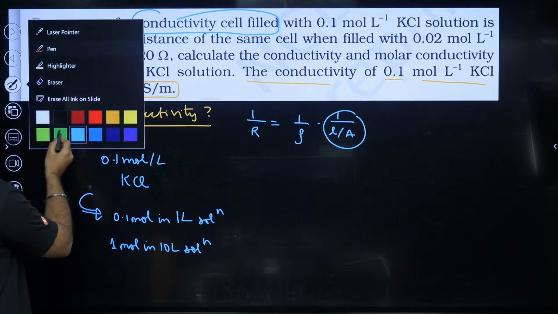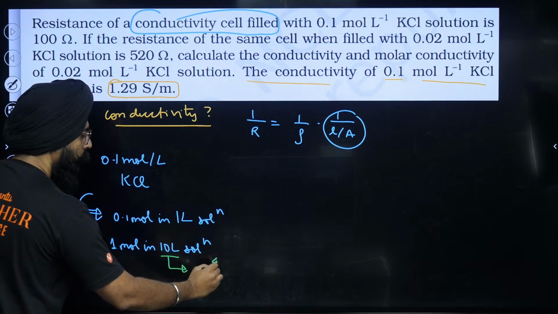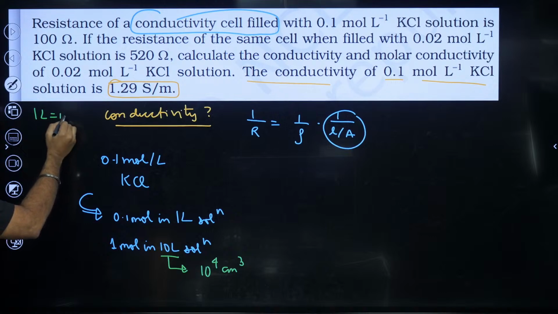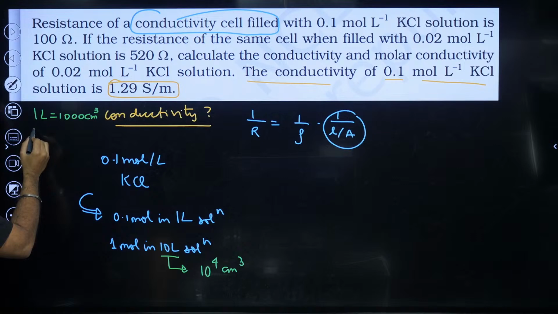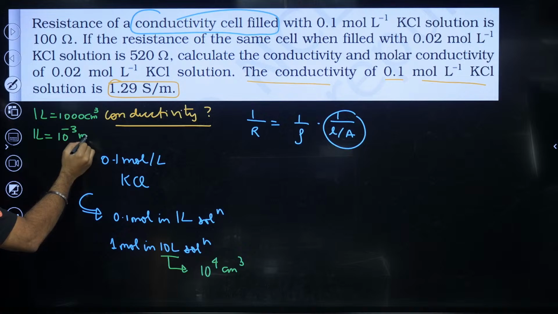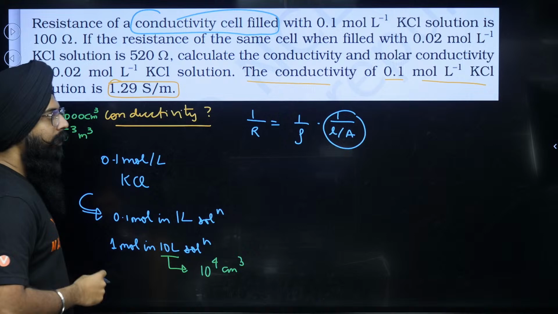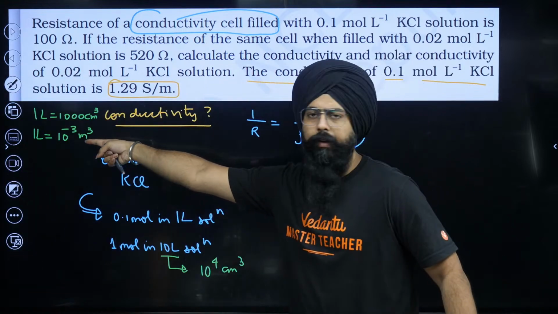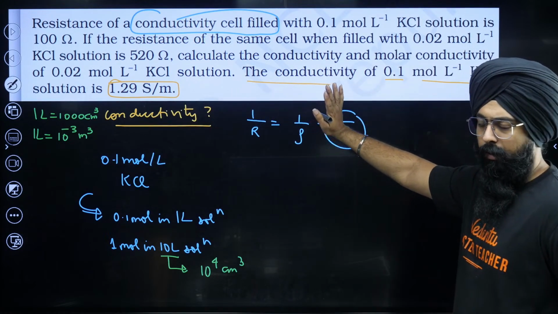Now 10 liters of solution can be written as 10 to the power 4 cubic centimeters. Yes, because we know 1 liter is equal to 1000 cubic centimeters. But at the same time, do you remember that 1 liter can be written as 10 to the power minus 3 cubic meters? Do we understand that part or not? Is that part making sense to you? If I'm wrong, please correct me. Sometimes I do silly mistakes in mathematics.